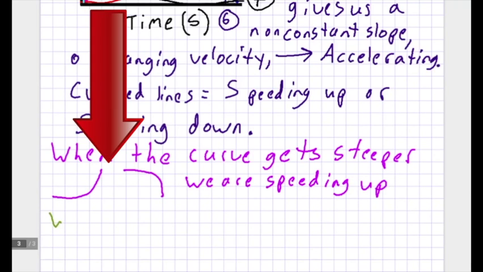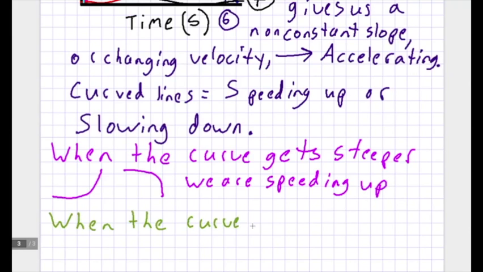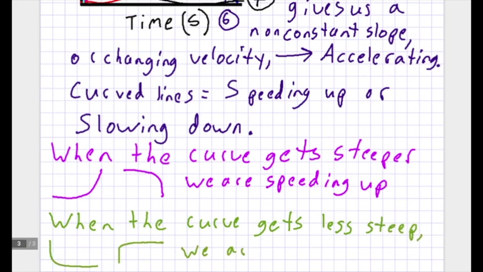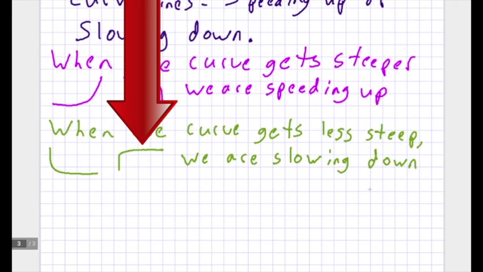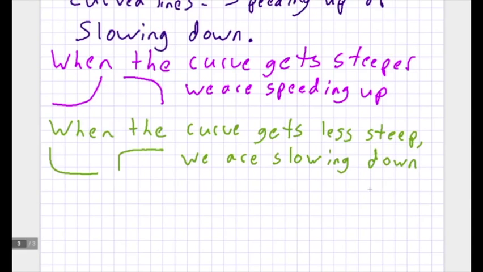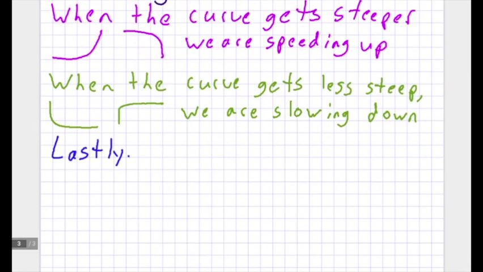On the flip side, when the curve is getting less steep, our velocity is getting slower and slower, meaning that our curve is flattening out towards the end. Which makes sense because a flat or horizontal line has a slope of 0, meaning a velocity of 0. So if our curved line is ending in a horizontal line, we are ending at a very, very slow velocity, meaning that we must be slowing down.